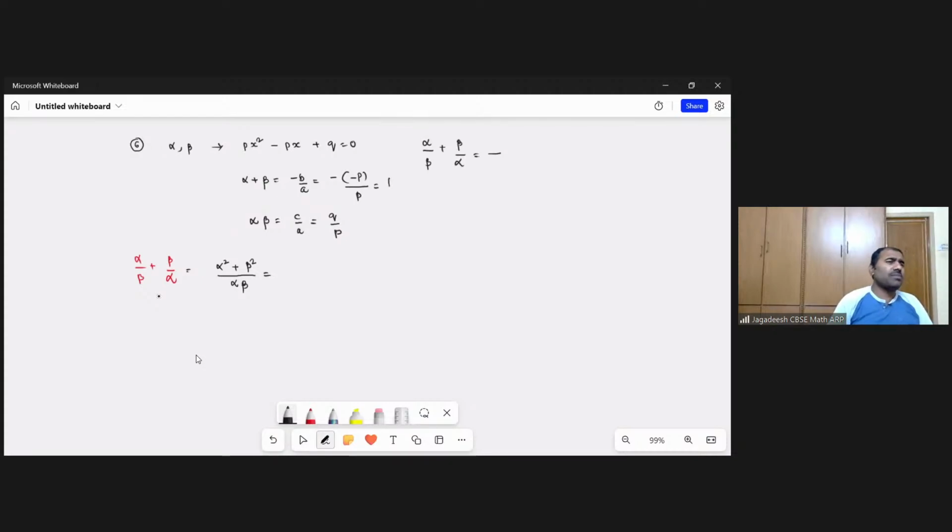We know alpha square plus beta square is alpha plus beta whole square minus 2 alpha beta, divided by alpha beta.